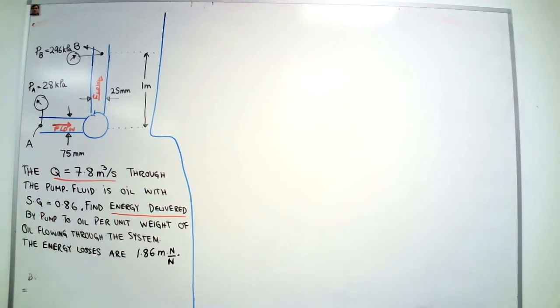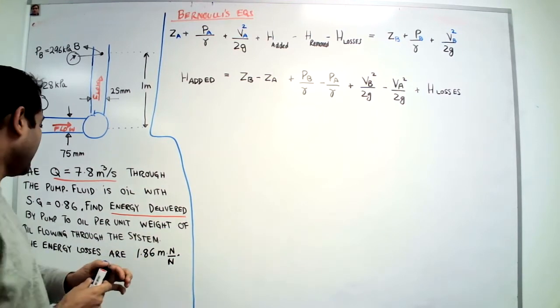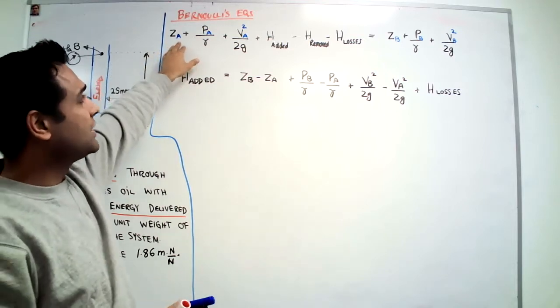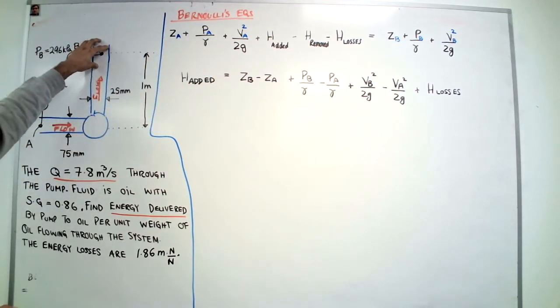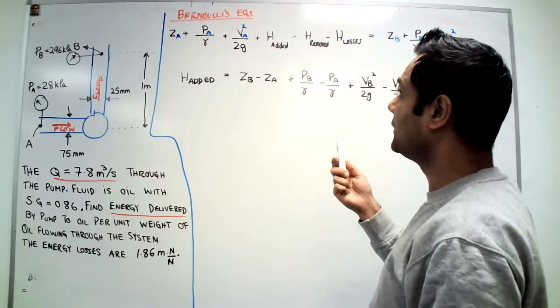To do that, the first thing we need to do is write down Bernoulli's equation. Now we have to use Bernoulli's equation to find the losses. Energy at point A should be the same as energy at point B. There is no energy created, no loss.